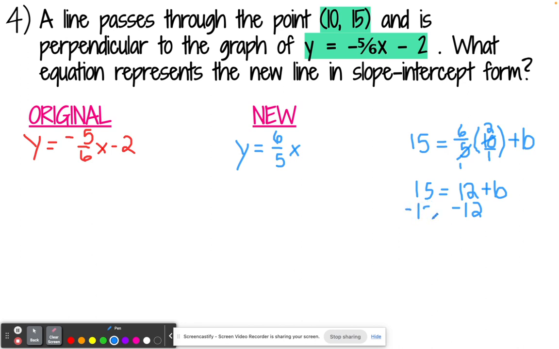And b, or my y-intercept, on my new equation will be 3. That is an interesting b I just made. So plus 3. y equals 6/5 x plus 3. And this line would be perpendicular to this line because my slopes are opposite reciprocals.